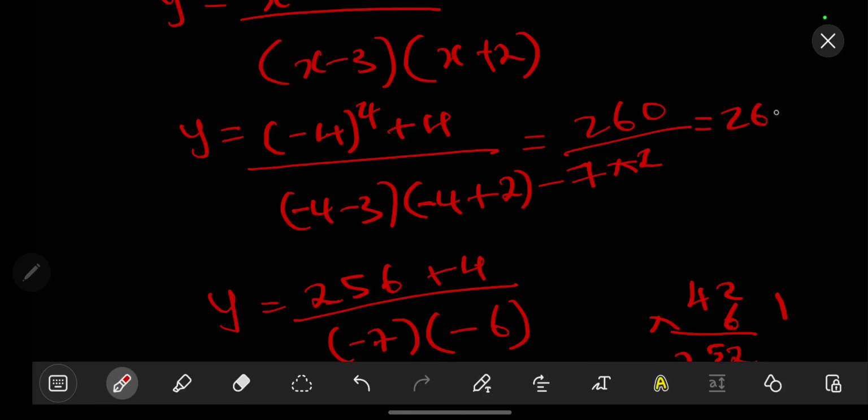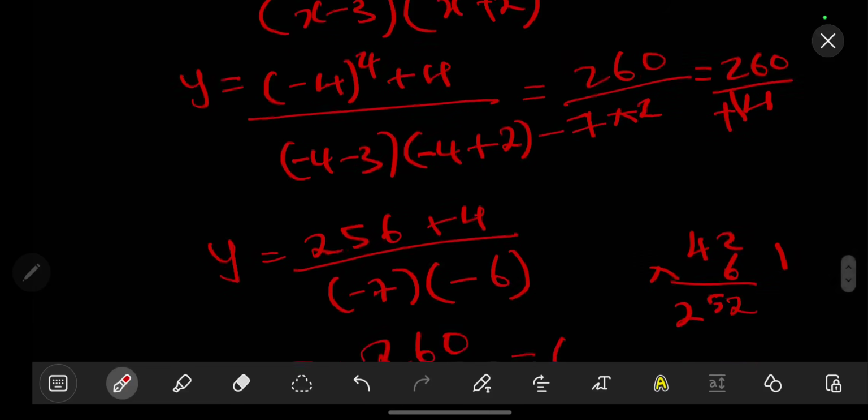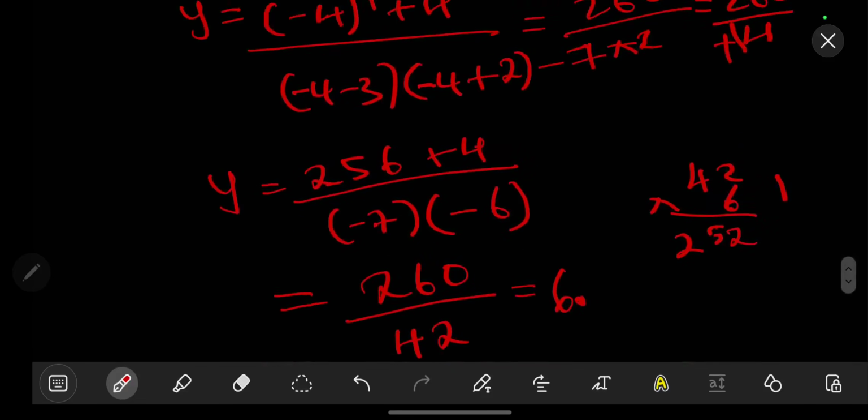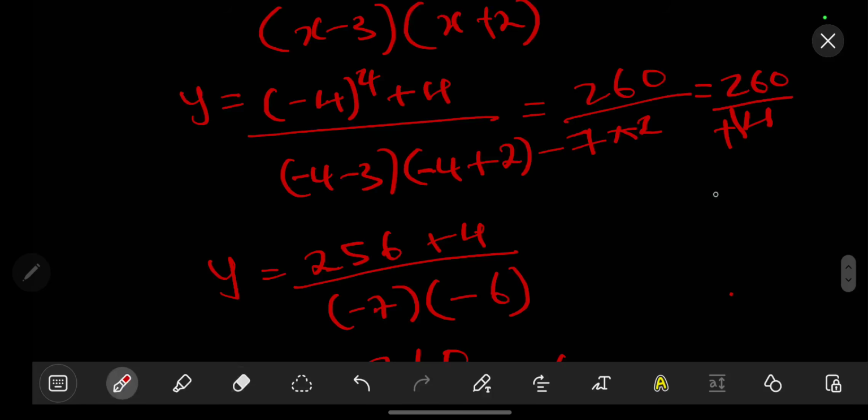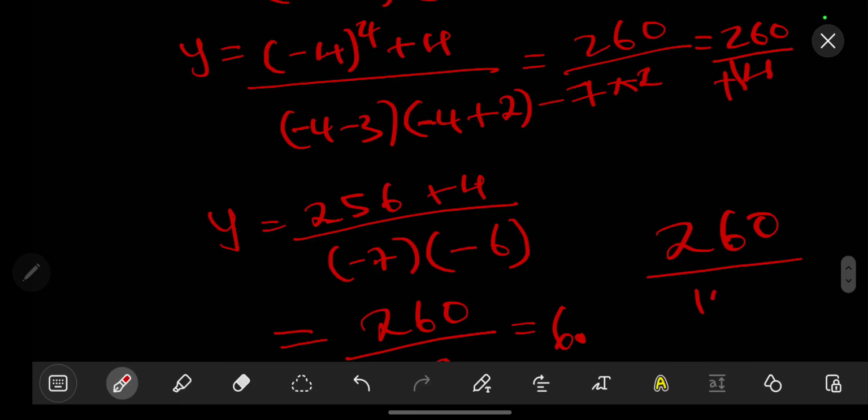So we have 260 over negative 14, which is equivalent to, so negative by negative, it's supposed to be positive. In fact, this even simplifies the work. So what we are going to do is have 260 over 14 like that.